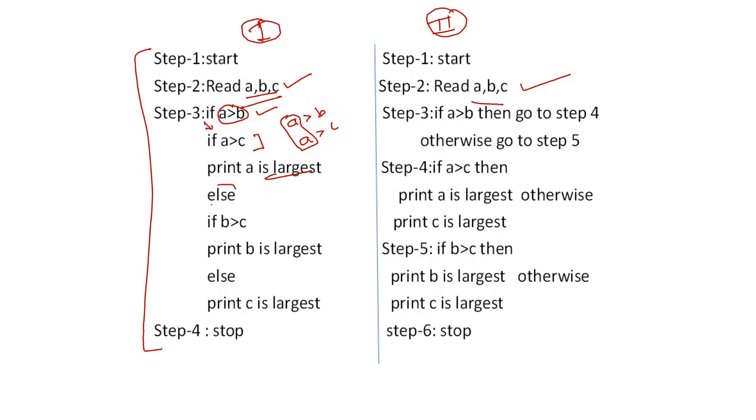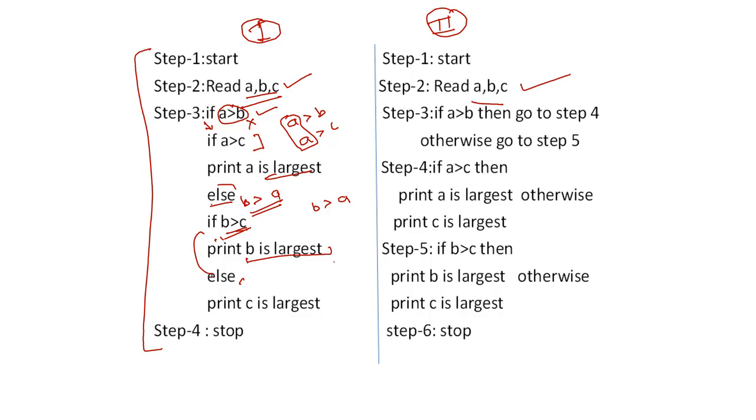Else, if A is not greater than B, then we get that B is greater than A in this else case. Now in this else case, if B is greater than C, and B is greater than A, then we can say that B is the largest one. Else, what is the else situation here for this if?